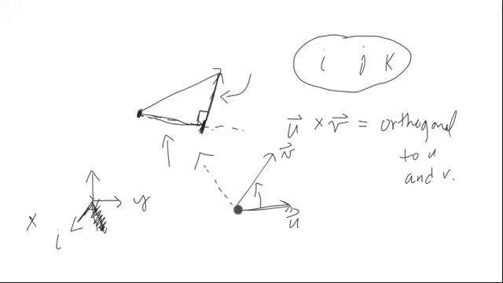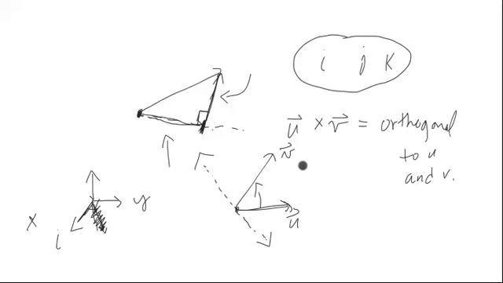And it's always pointed into the paper if it's opposite. So in this picture, u cross v should be orthogonal, pointed out. But if we were to take v cross u, then that would be pointed in. That is a nice intuitive sense for what the cross product means. We talked about how to compute the cross product in the last video.